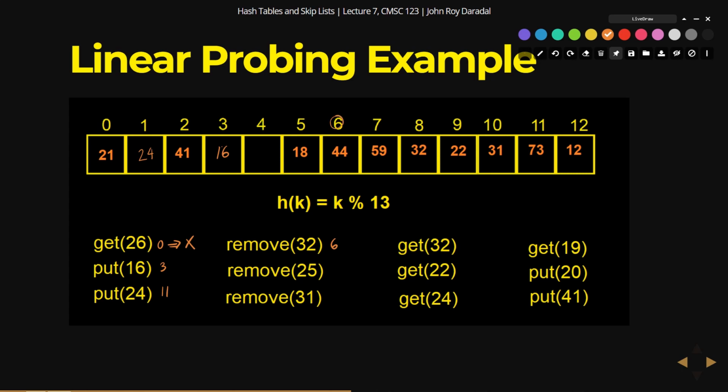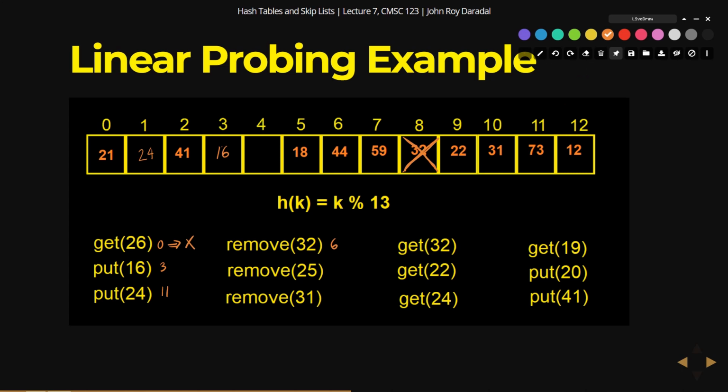Is this 32? No. Is this 32? No. The next one, is this 32? Yes. So we'll actually remove this and make it an available cell. Okay. So we actually did remove 32, right?